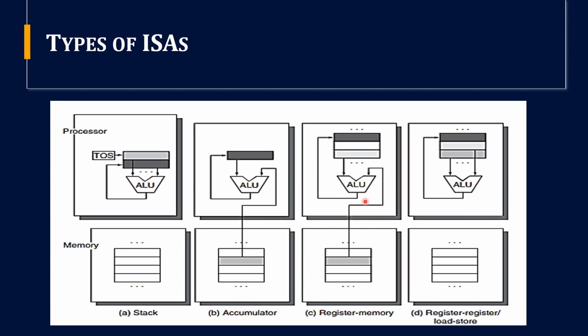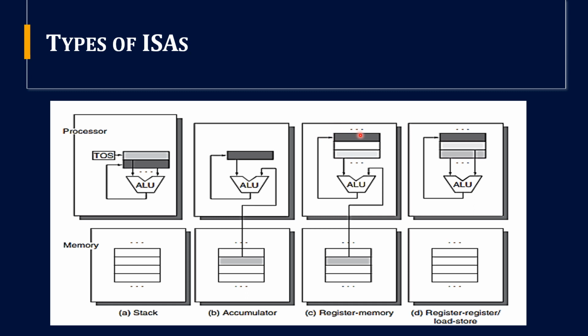Then the third type of ISA is GPR ISA, where we have register memory ISA as well as register ISA. First, let us look into the register memory ISA. Here, one of the operands is in a register and one is in the memory, and the result goes back to the register.